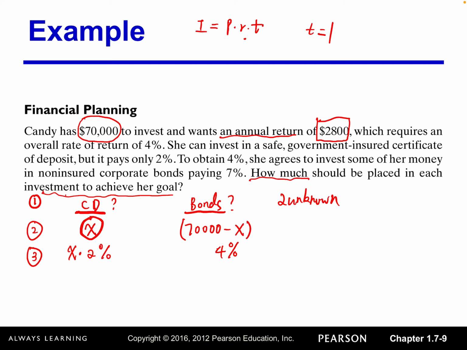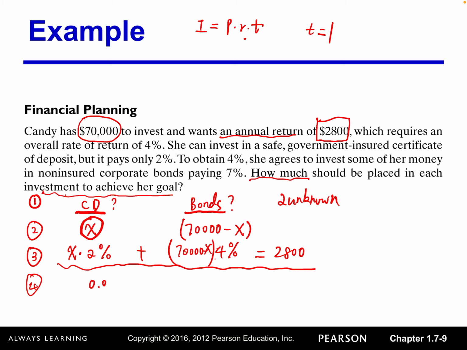And similarly, we use principal 70,000 minus x, how much is invested in bonds, multiplied by the bond interest rate. Then these two interests add together, that's the total interest made from the 70,000 investment. So that's the mathematical model we can build based on the known facts.